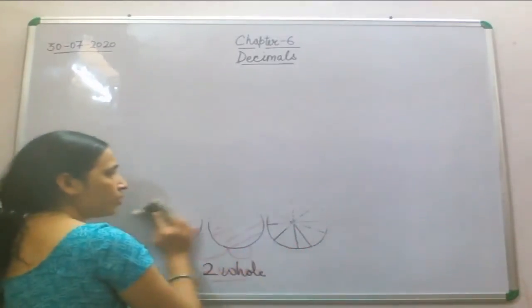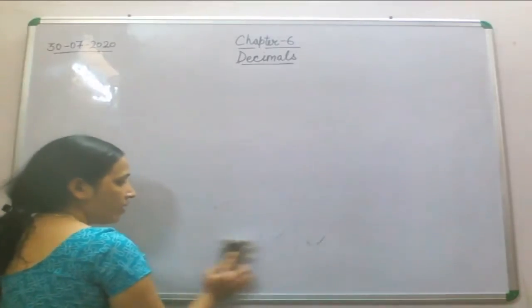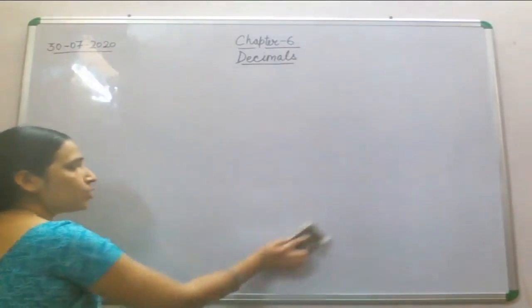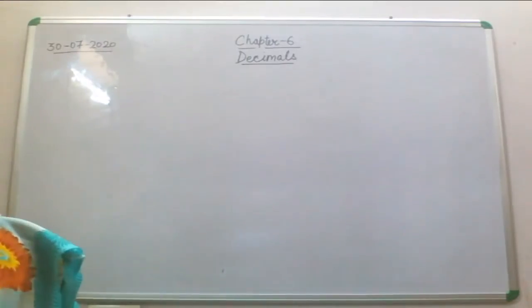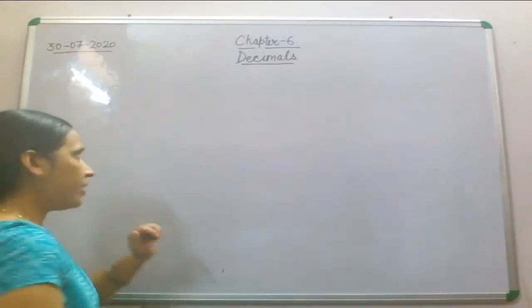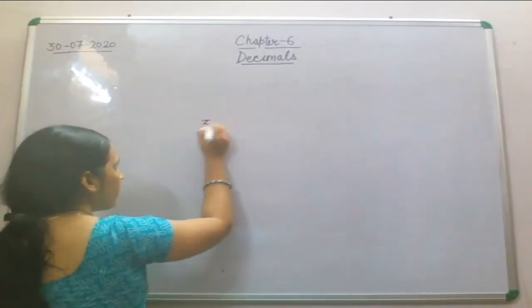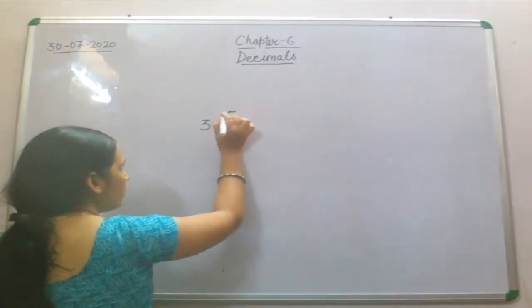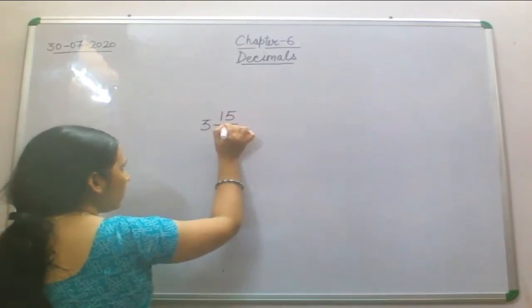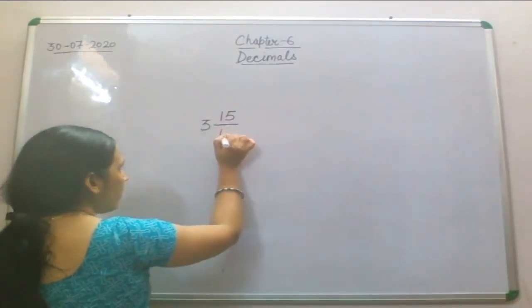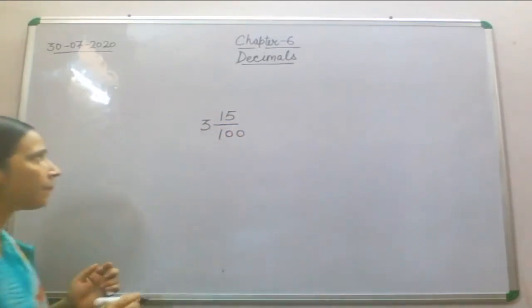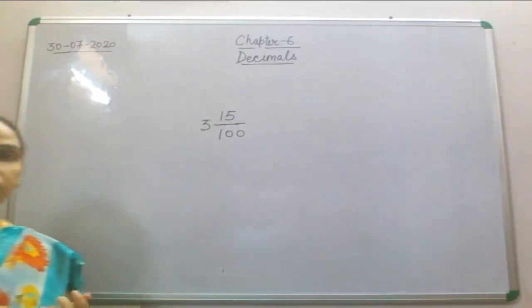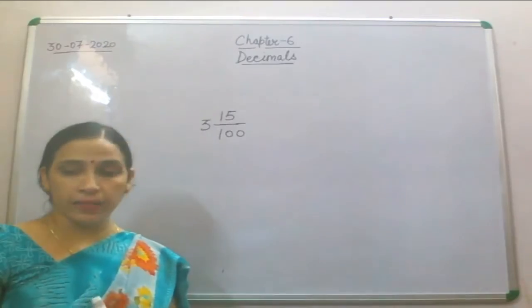Now I am going to take an example of a question with tenths or hundredths place. Here I have taken 3 15 by 100.